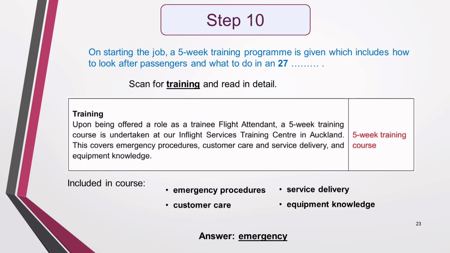I read the paragraph in detail and find 4 things named as being included in the course: emergency procedures, customer care, service delivery, and equipment knowledge. The only word from this list that makes sense and is grammatically correct in the gap is emergency. This must be the answer.